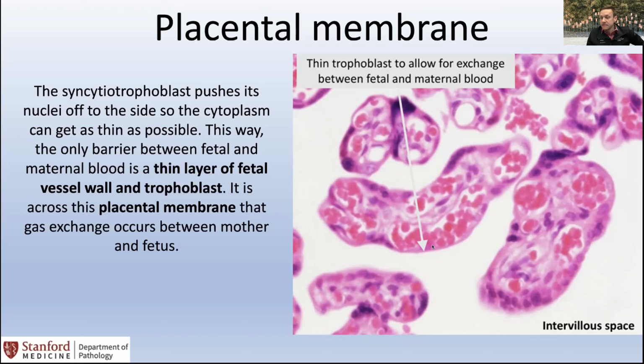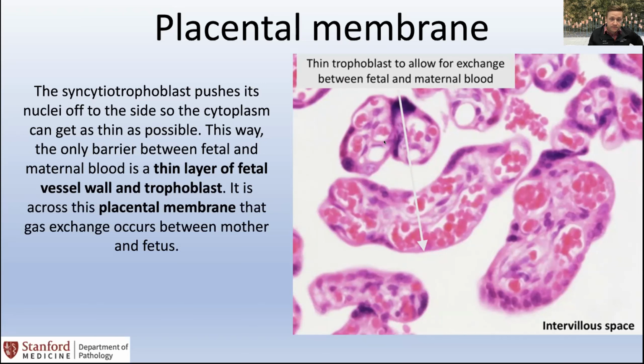So it's basically identical to a lung capillary and a very thin layer of pneumocyte epithelium in the lung, and then air, except in the placenta, instead of air, we have maternal blood. And so this is essentially all of what the placenta comes down to: this very thin placental membrane of each of these individual villi.